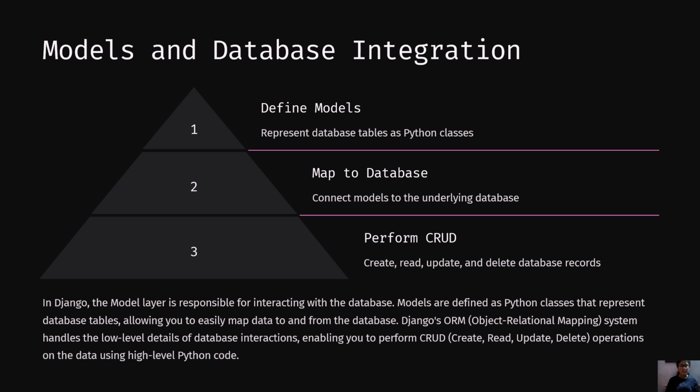Models are defined as Python classes that represent database tables, allowing you to easily map the data to the database. Django ORM, the object relational mapping system, handles low-level details of database interactions, enabling you to perform CRUD operations on the data using high-level Python code.